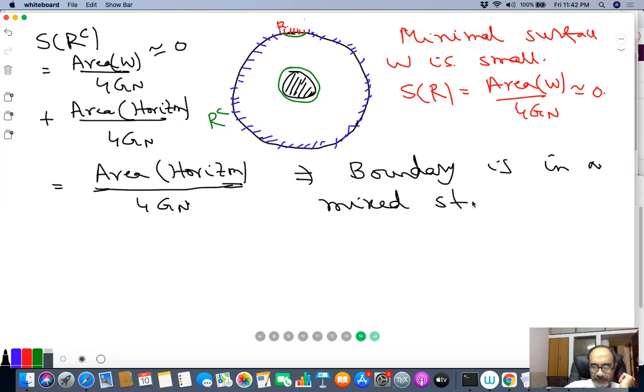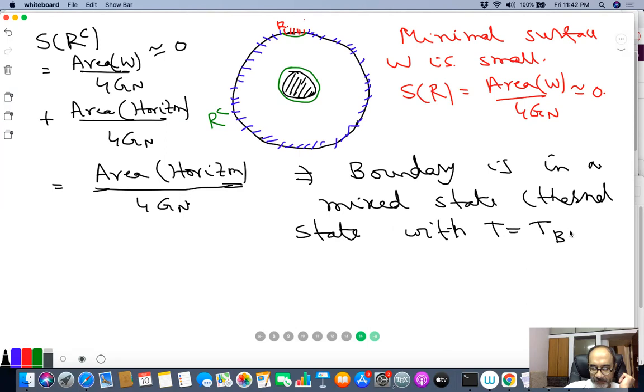In fact, more precisely, it's in a thermal state, at the black hole temperature. So the entropy of RC is actually the black hole entropy.